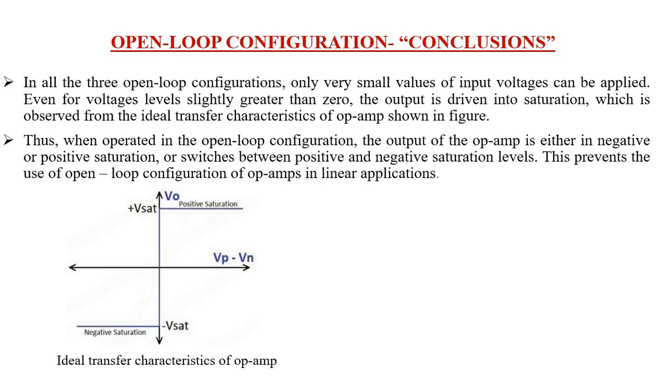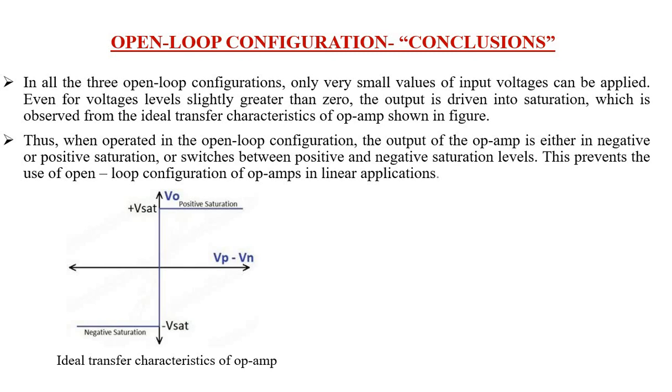Now, looking at the conditions of open loop configuration and the characteristics of the ideal operational amplifier, the question arises: why are we not using the open loop configurations in our different types of applications?